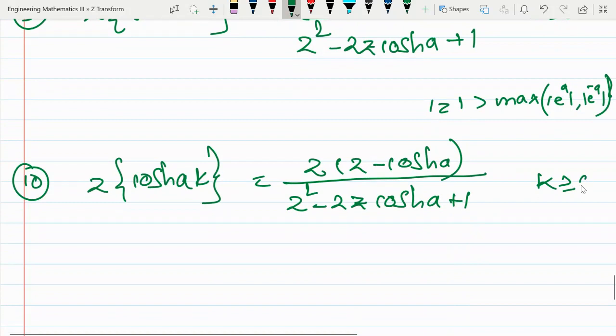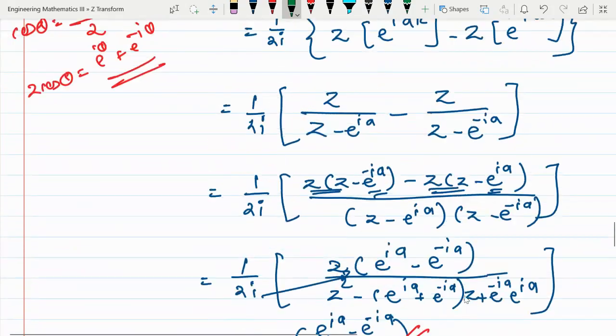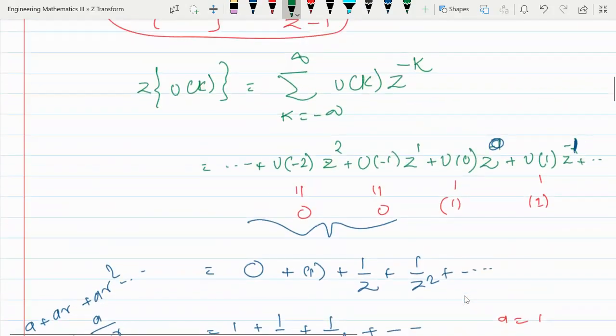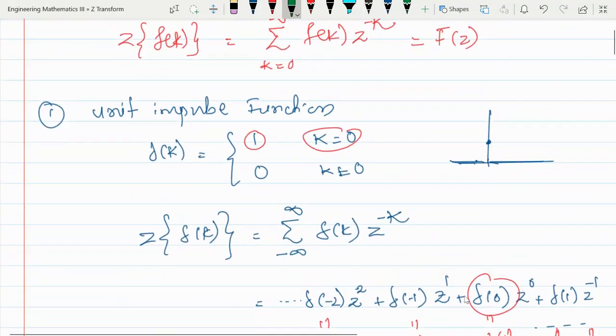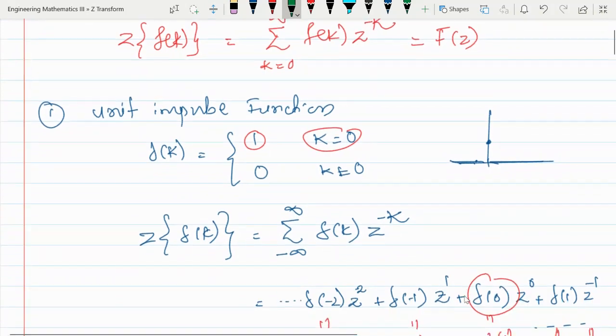This is for k greater than or equal to 0, mod z is greater than the maximum of mod e raised to a and mod e raised to minus a. So these are the basic results that are useful. They may be there in the objectives in the exam, and you just need to focus on them and understand them. The ones I have left, just try to find the z transform of those.